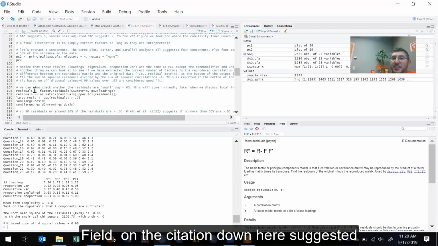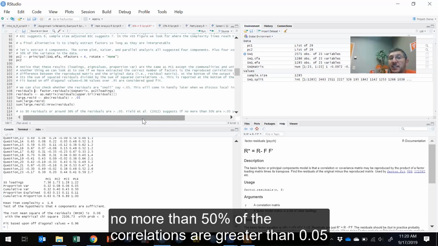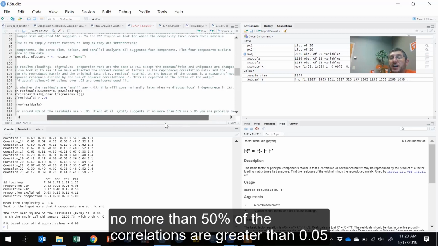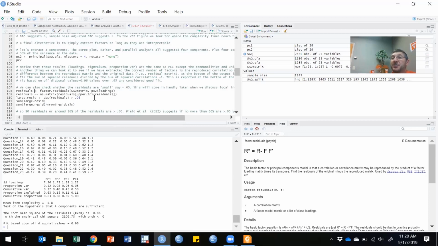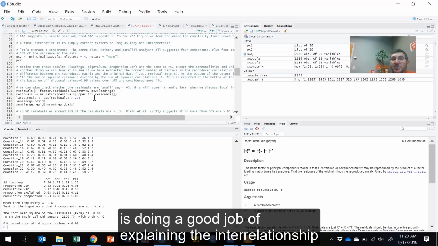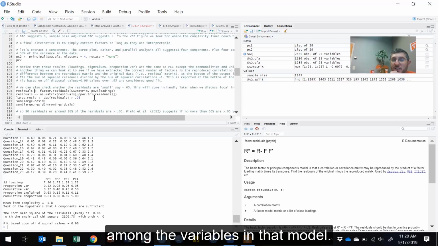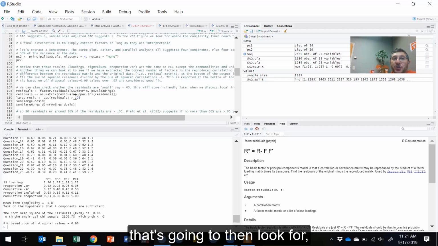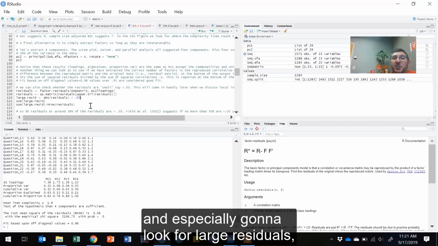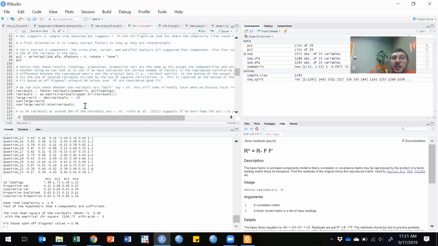Field, you see the citation down here, suggests if no more than 50% of the correlations are greater than 0.05, then you're probably okay. That then your factor analysis, the model that's defined in there, is doing a good job of explaining the interrelationship among the variables in that model. So here I basically just wrote some code that's going to look for large residuals.